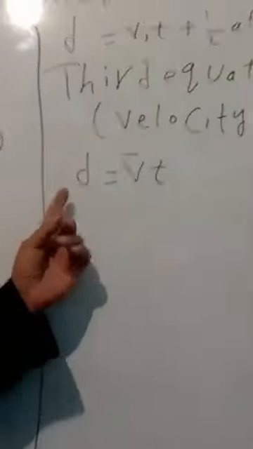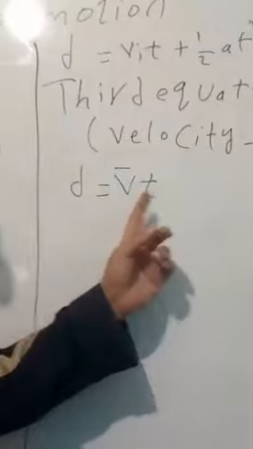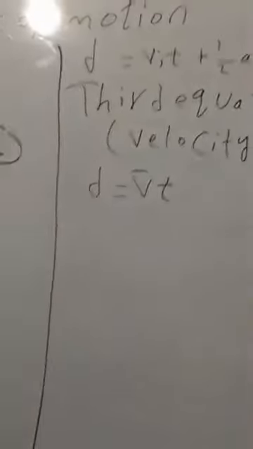The third equation is the relation between velocity and displacement. We know that D equals V dash times T. The total displacement equals average velocity times total time.